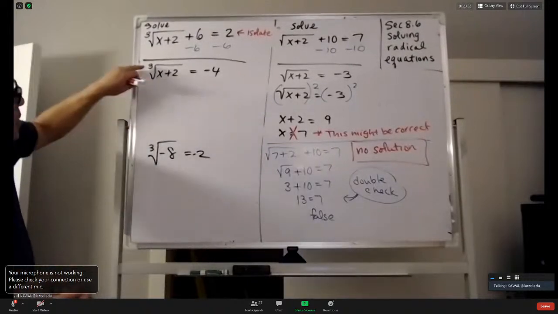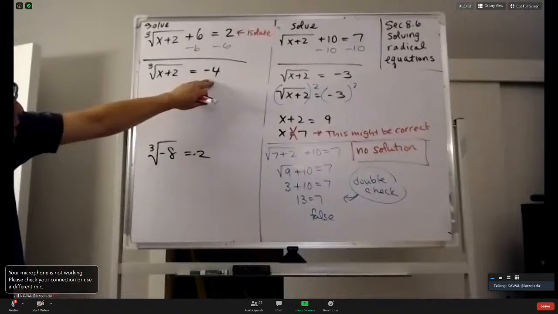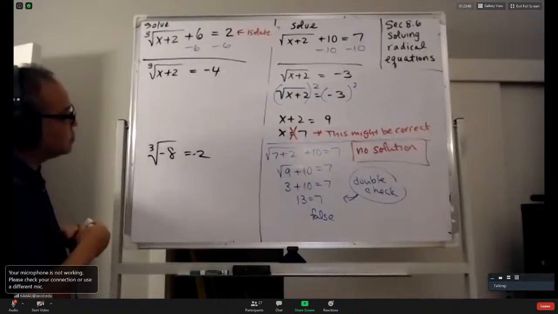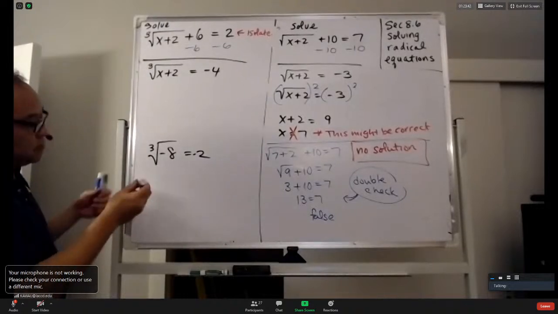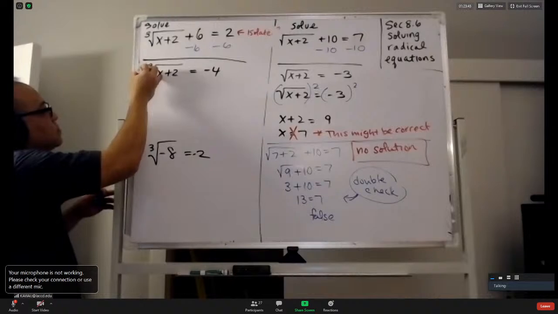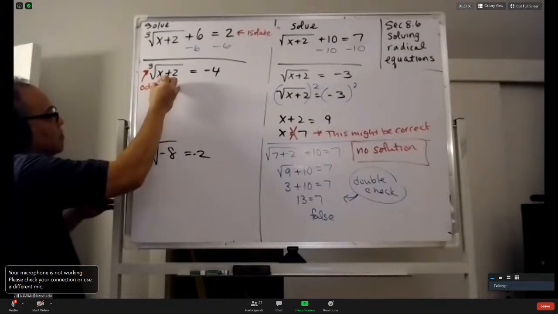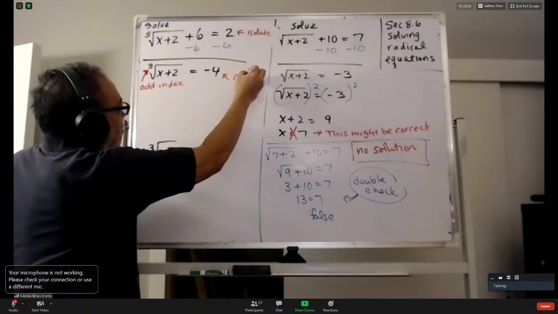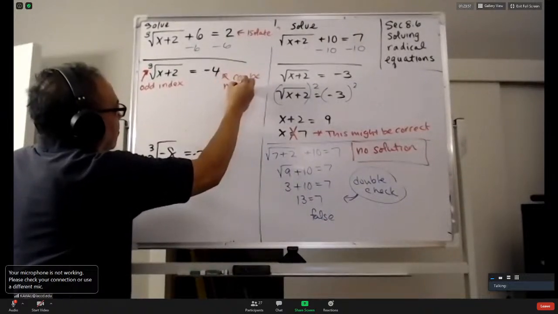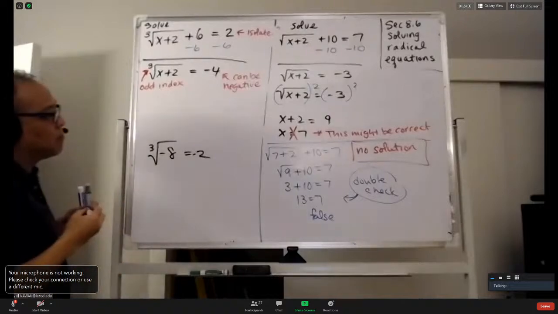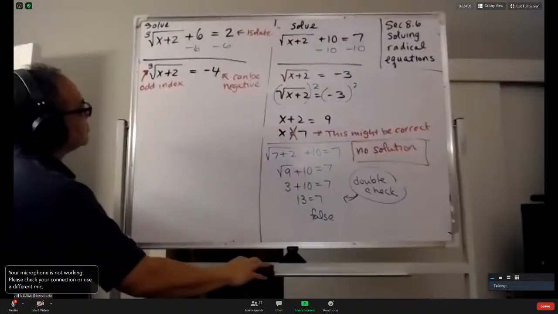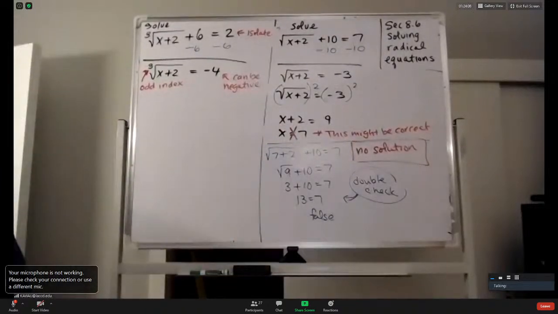So if this index is odd, it's possible for this to be negative. Right?